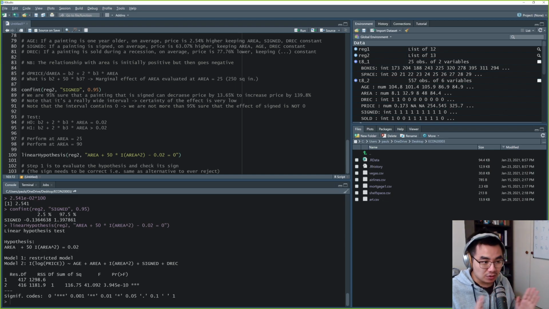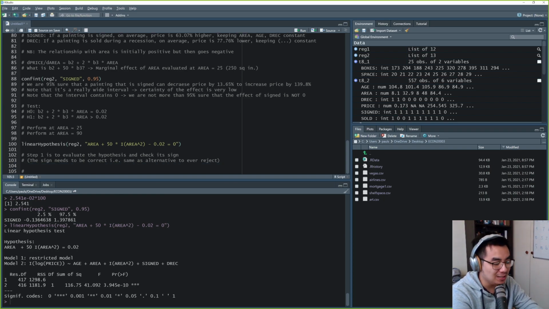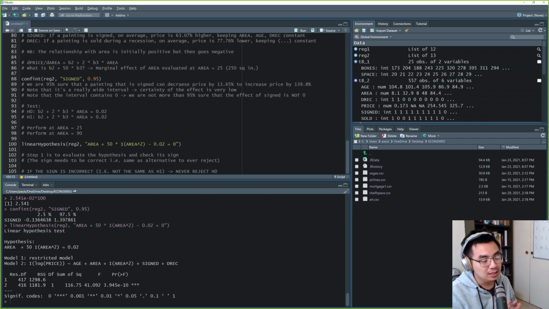So if the sign is incorrect, there is no rejection. Okay? So I'll actually write that down here in caps because this is important. If the sign is incorrect, i.e. not the same as H1 sign, okay? That means you never reject H0 because it's on the wrong side, okay? It's on the wrong side of the distribution. So it needs to be correct, okay?